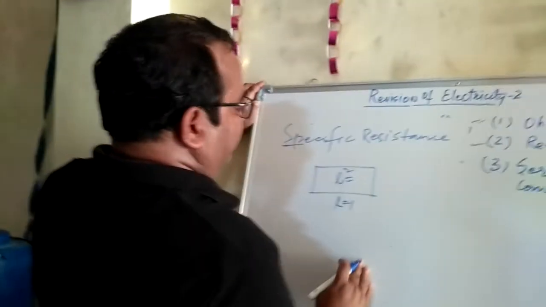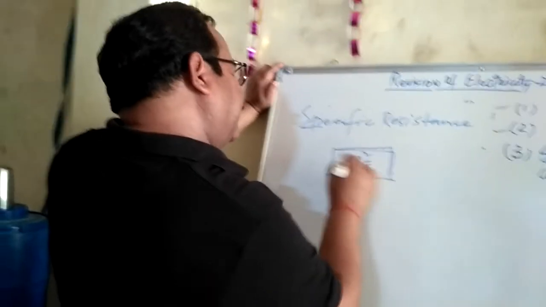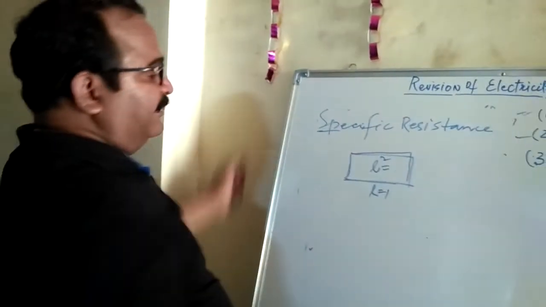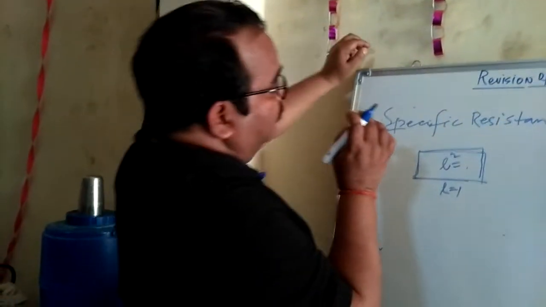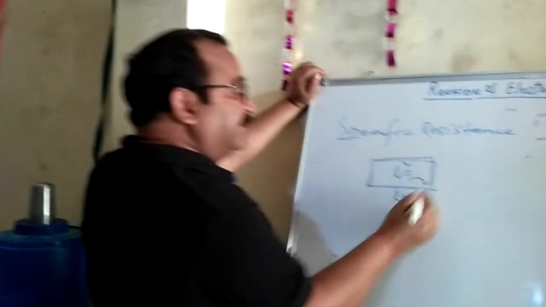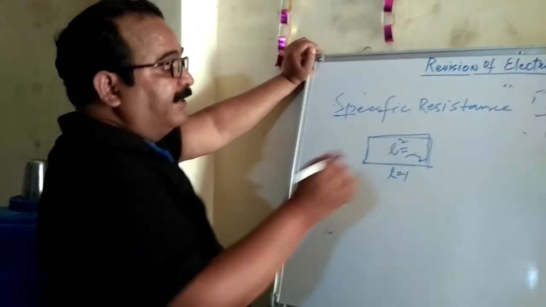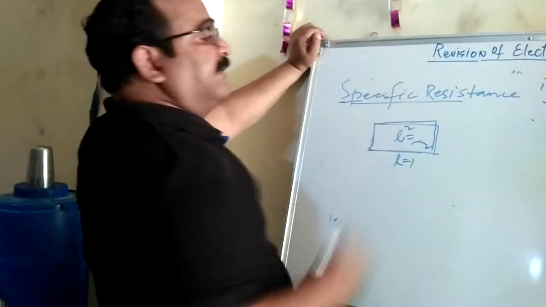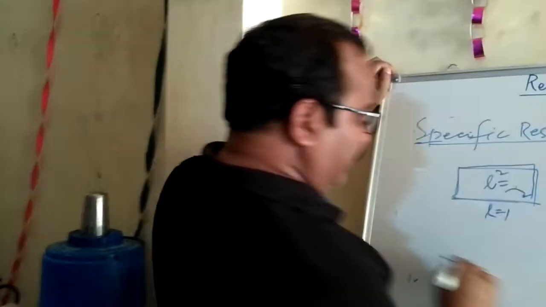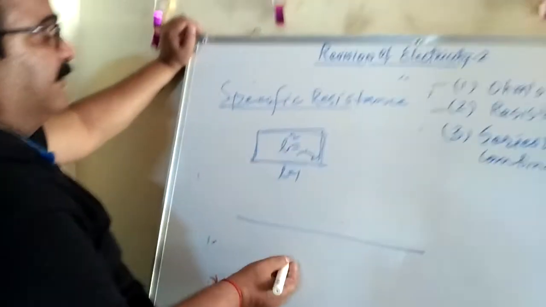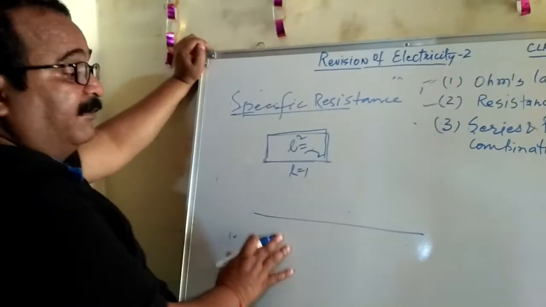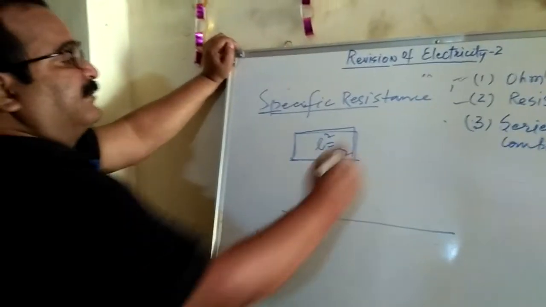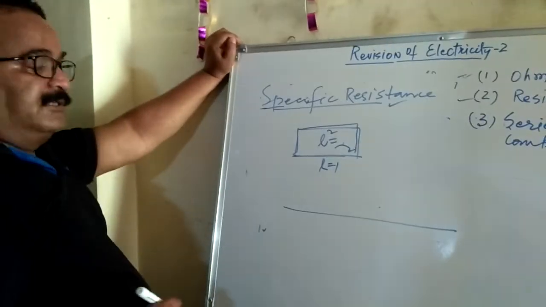If a wire has unit length and unit area, then the resistance of that wire is called specific resistance. Generally in a wire the resistance is there, and when there is no measurement of the length and area of the conductor, we simply say the resistance.